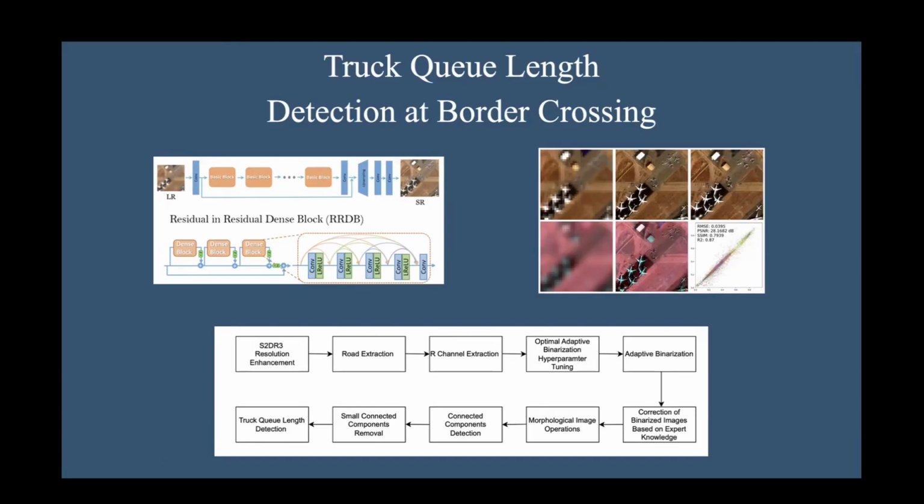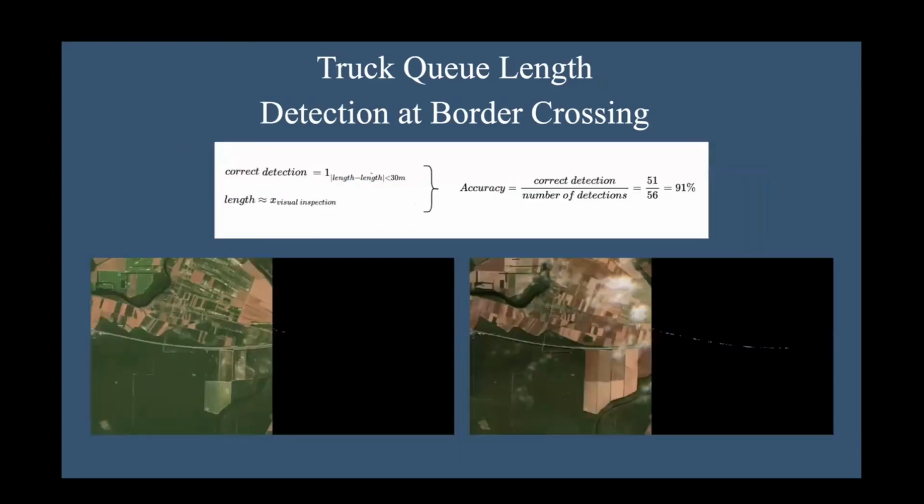After we did the enhancement of resolution, we have steps which are listed below. Those steps were primarily focused on adaptive processing of the image. And after following all these steps, we could detect the line at the border crossing.